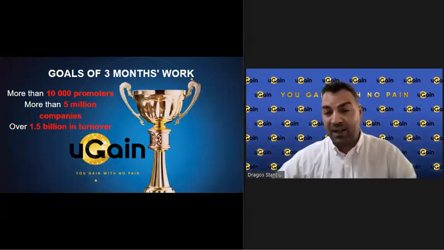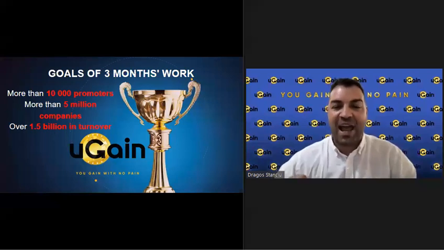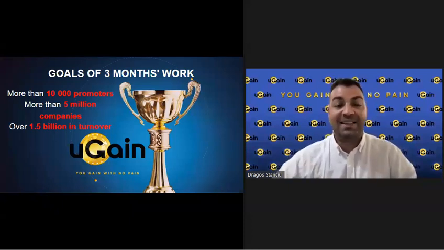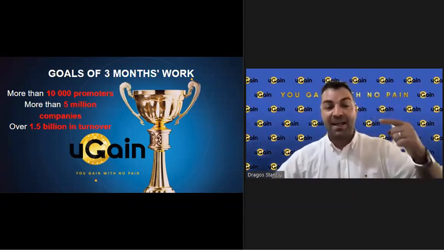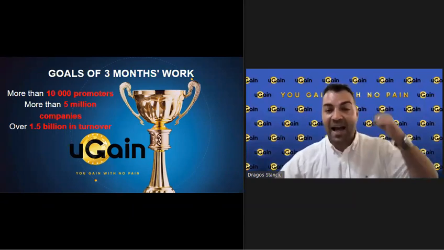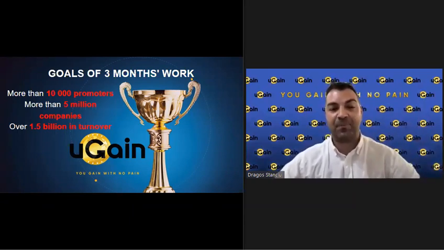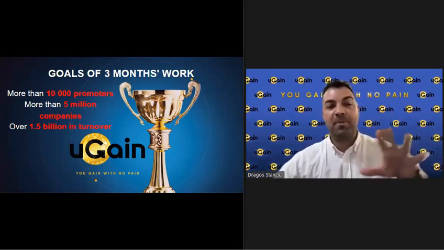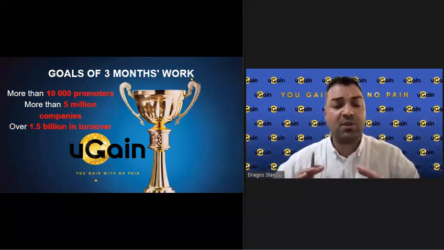And our global goal is to create a team of 10,000 promoters that will put 100% of their efforts in it, who will be making money, who will be building their passive income, or who will understand already now what it is to create a source of passive income.